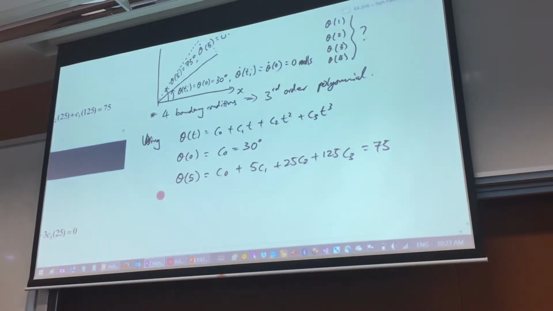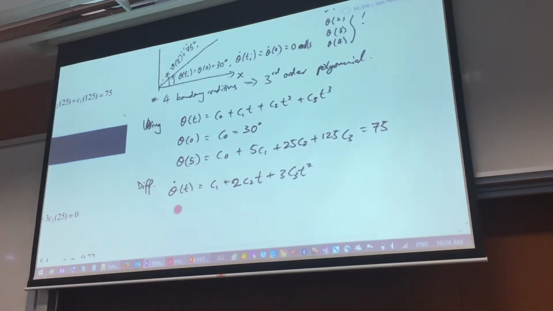The other boundary conditions relate to the velocity, so we need to differentiate this equation over here. So differentiating that, I get theta dot t equal to c1 plus 2 c2 t plus 3 c3 t squared. So let's find out what is the initial velocity.